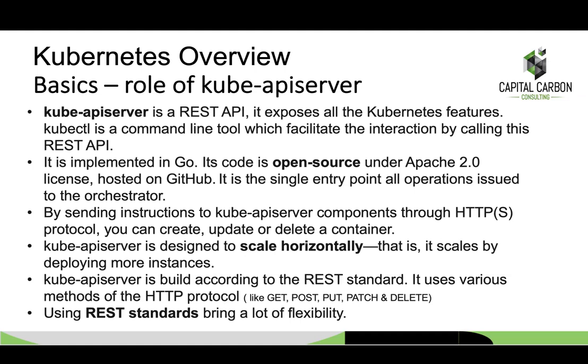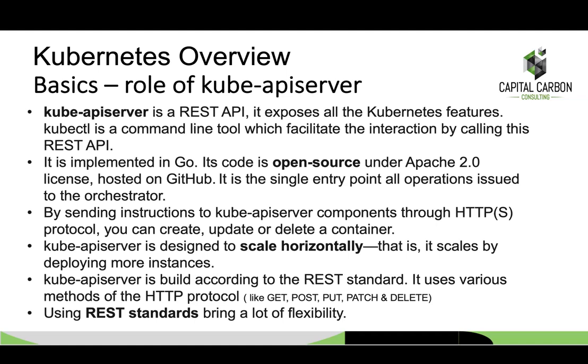By sending instructions to Kube API server components through HTTPS protocol, you can create, update, or delete a container. Kube API server is designed to scale horizontally. That is, it scales by deploying more instances.